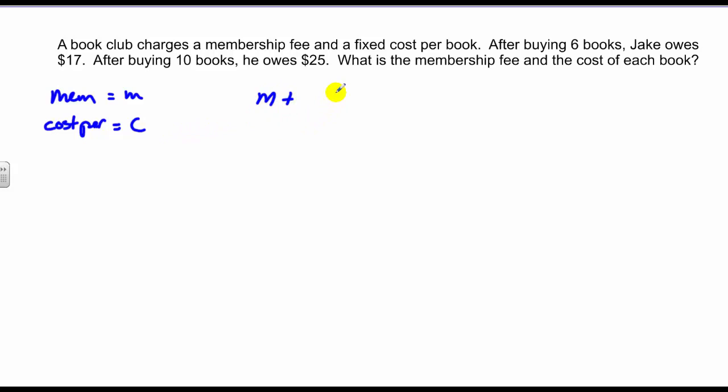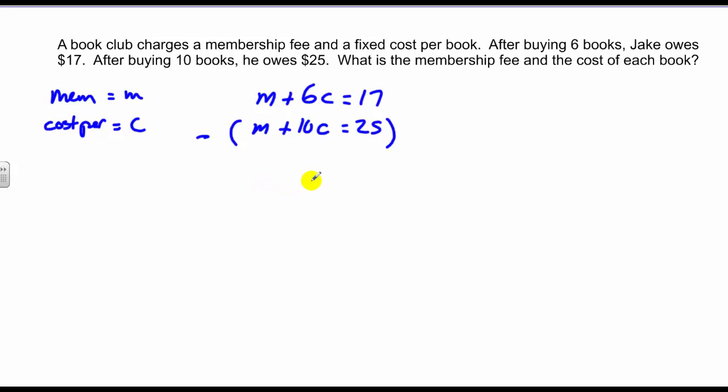And it says we've got the fixed cost, or the membership fee, plus 6 books. So 6 at a cost per book is equal to $17. And then if he has a membership fee and 10 books, then that's going to be $25. This problem's set up nicely for subtraction.